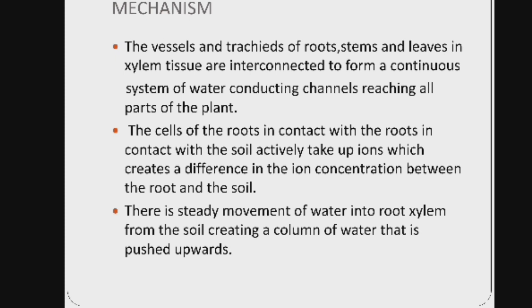The vessels and tracheids of roots, stem and leaves in xylem tissue are interconnected to form a continuous system of water conducting channels reaching all parts of the plant.